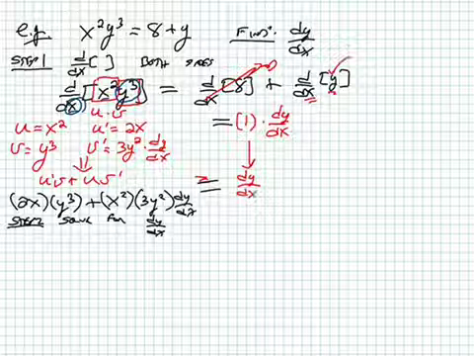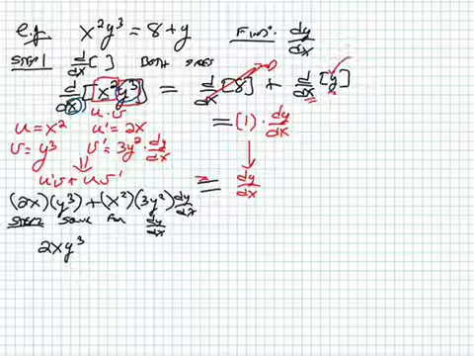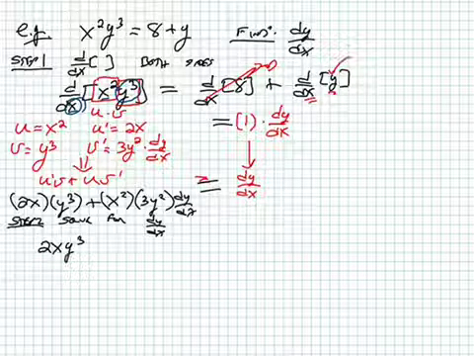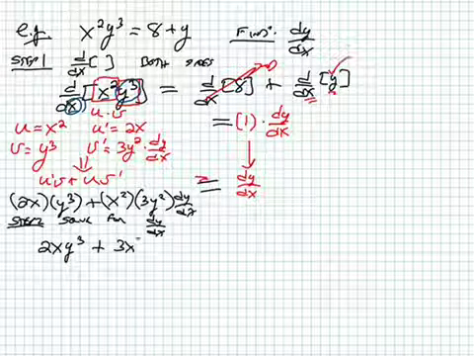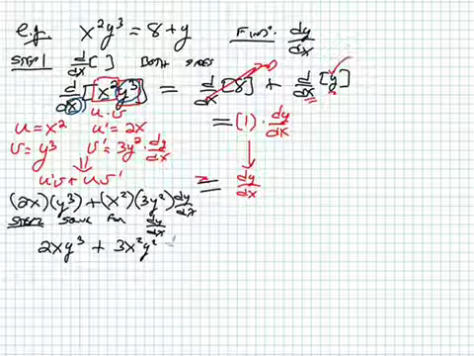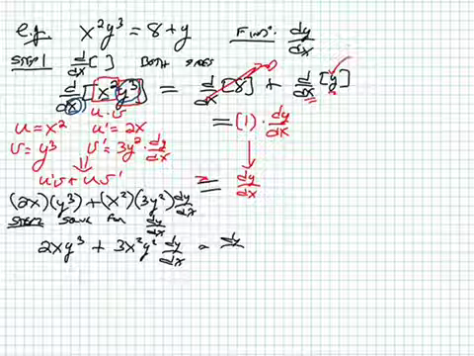I've got 2x times y cubed, so I'm going to write that as 2xy cubed. And then I've got plus x squared times 3y squared dy/dx, so I'm going to write that as plus 3x squared y squared times dy/dx. And that's equal to dy/dx.